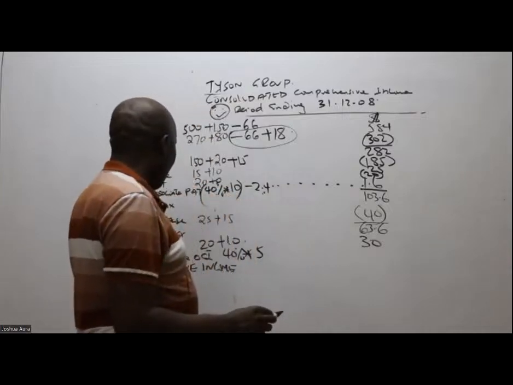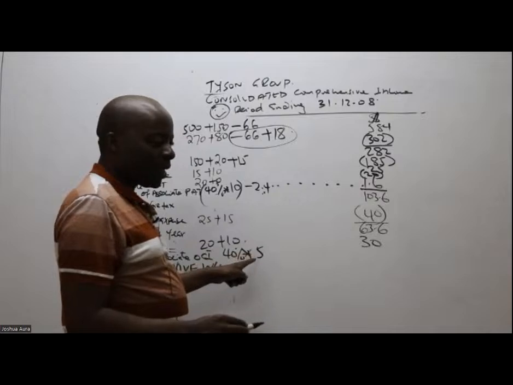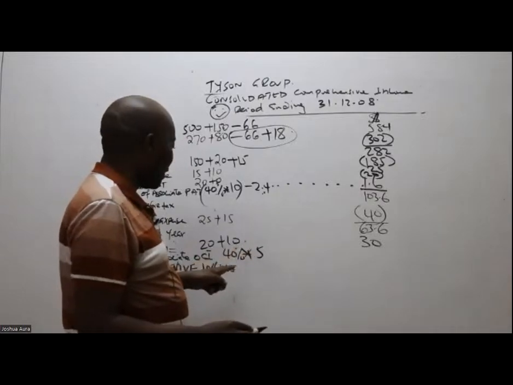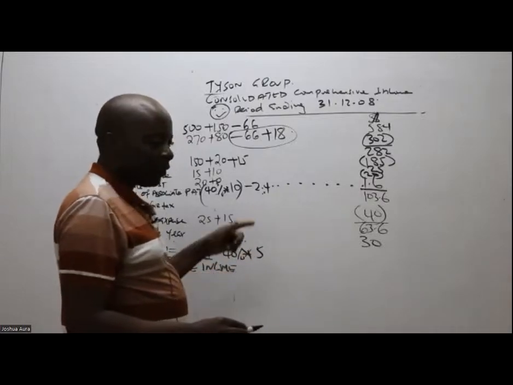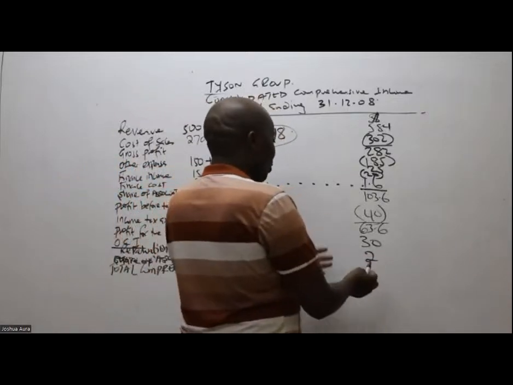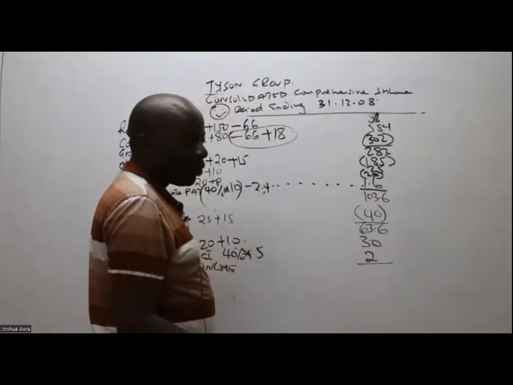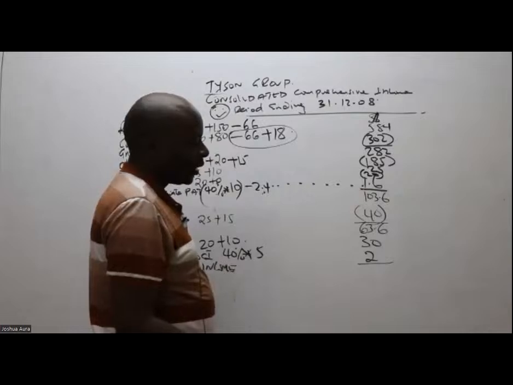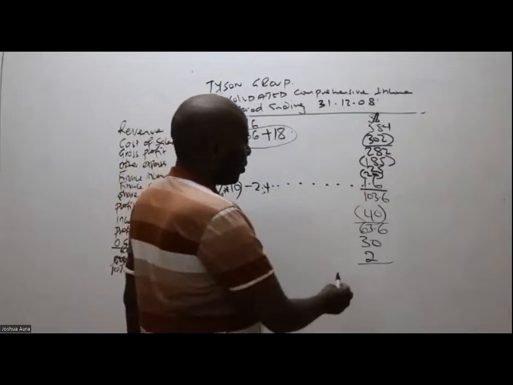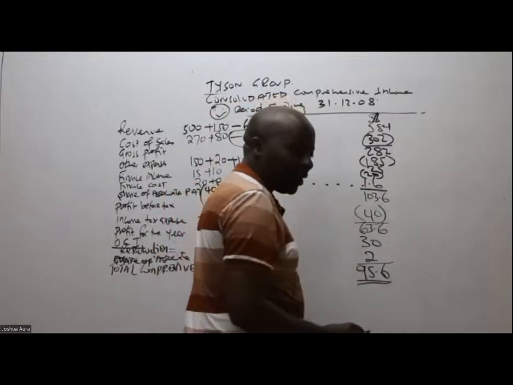And then I can see the share of associate OCI, 40% of 5. 40% of 5 is 2, they're positive, both of them. Meaning that our TCI, the total comprehensive income, will be 95.6.